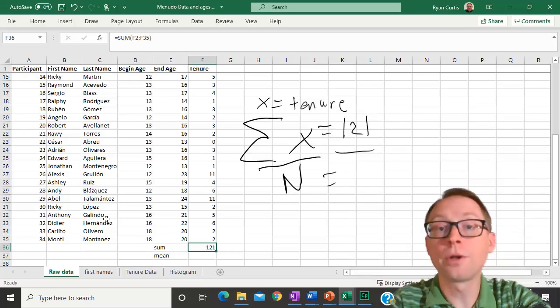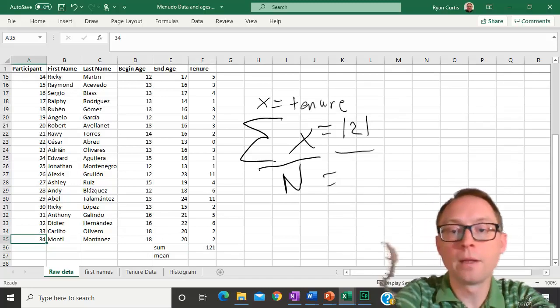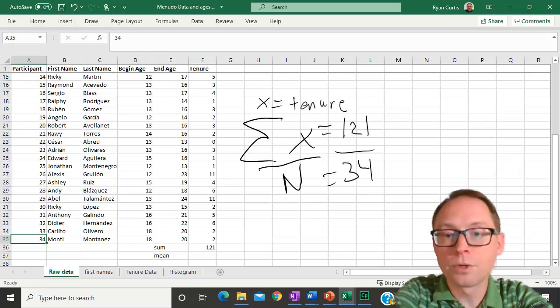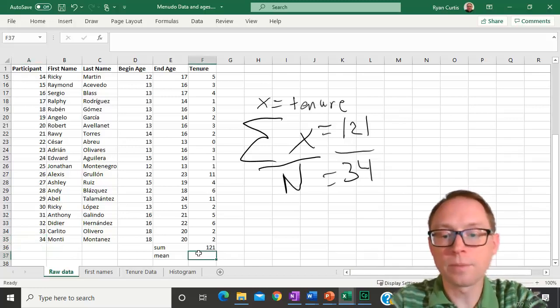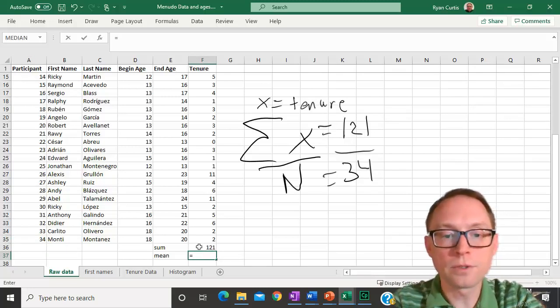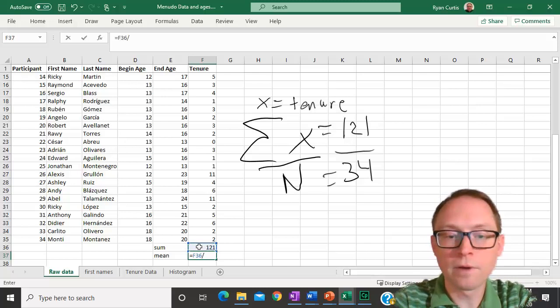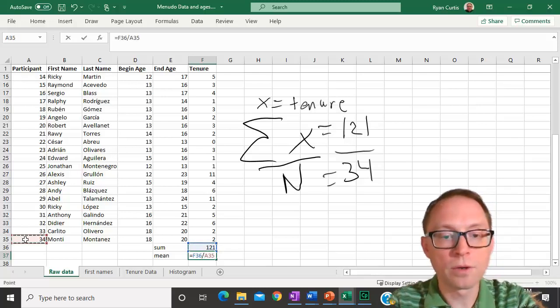N is the total number of people. There it is right there, 34. There are a total of 34 people who have been a part of Menudo. So we need 121 divided by 34.